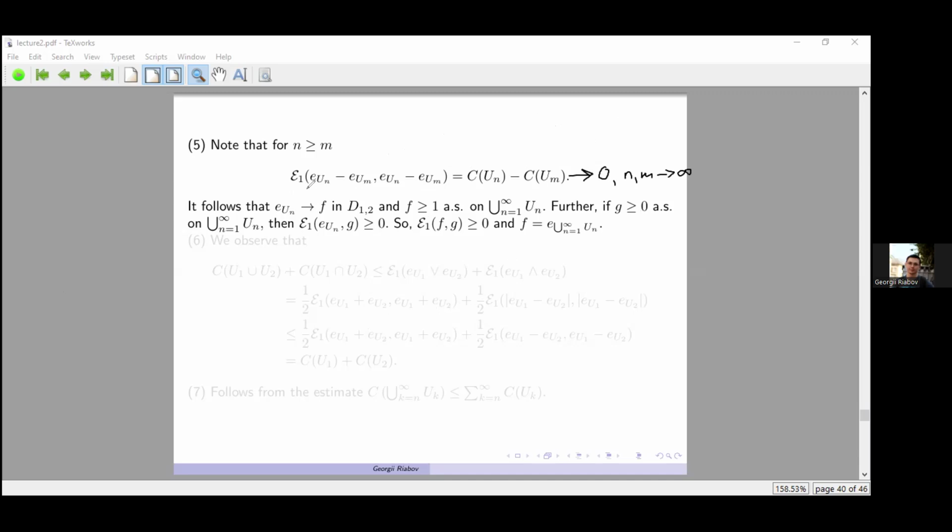So it follows that in the space D, the sequence EUN is a fundamental sequence. Then it has a limit.